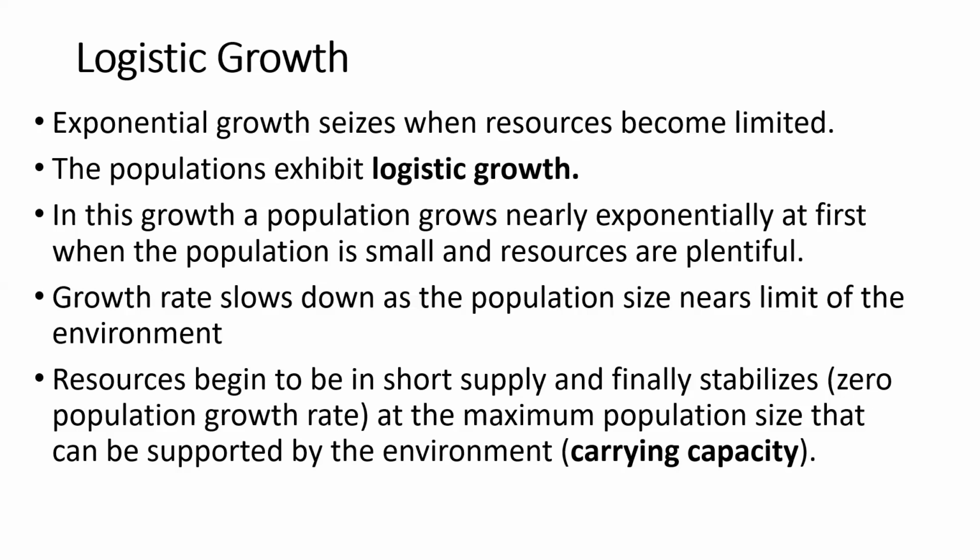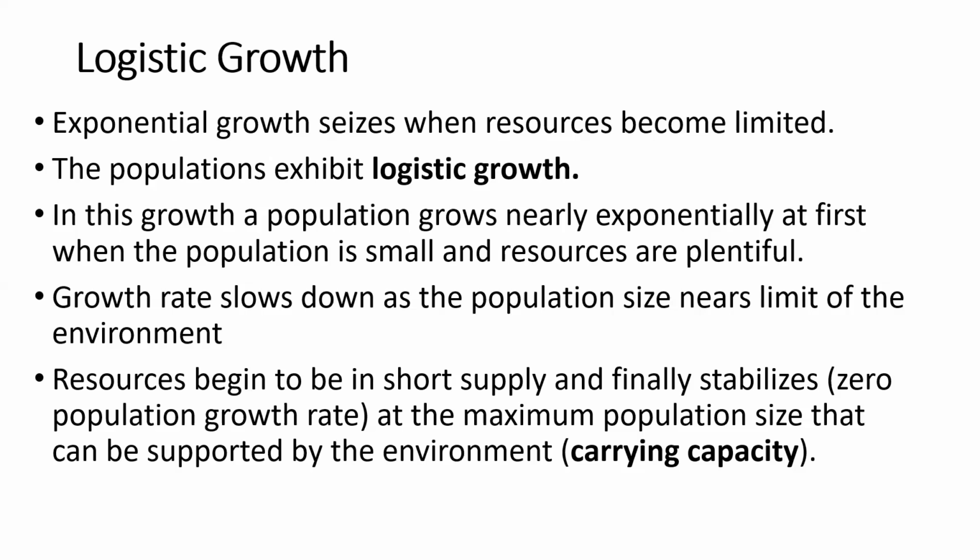If you get food to eat, that's why you grow and you'll be able to mate and give birth. This is a situation whereby there are no resources, so the exponential growth rate stops. Then the population exhibits what we call logistic growth.